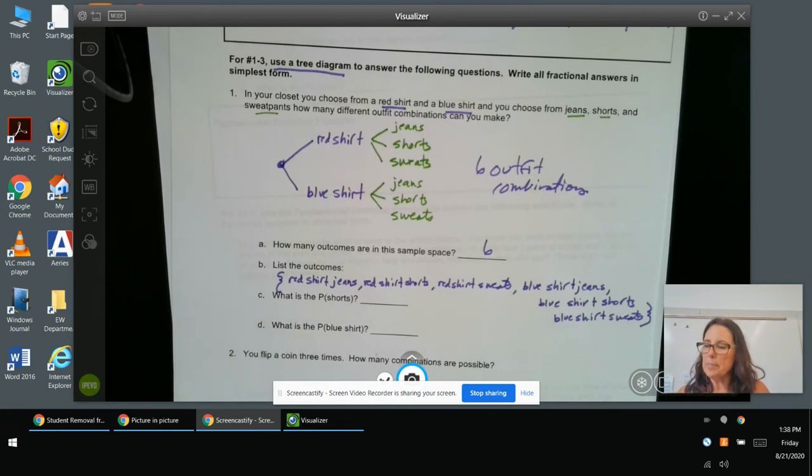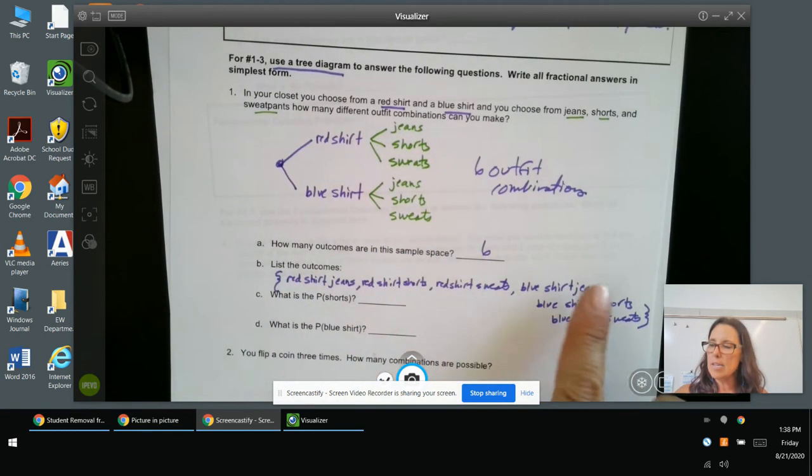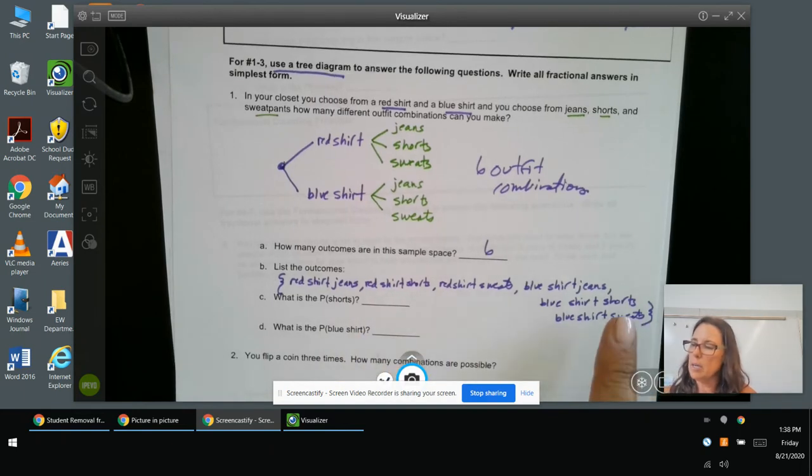Letter C. What is the probability that you would be wearing shorts? Remember, probability from the last couple of lessons means how many times you would have shorts on over all of the possibilities. So looking at either my tree diagram or my list, how many times do you see shorts? I see a red shirt with shorts and a blue shirt with shorts.